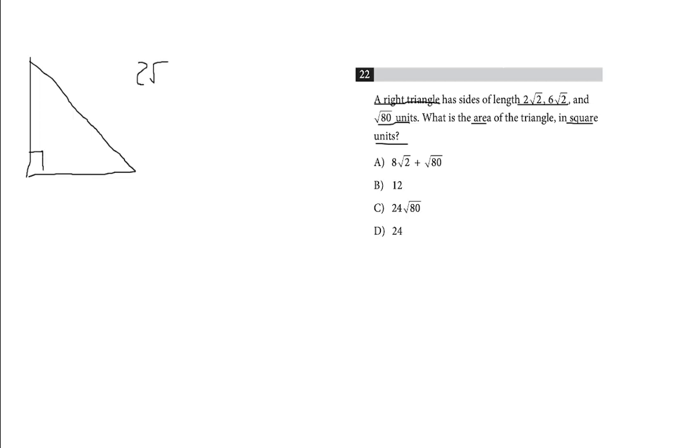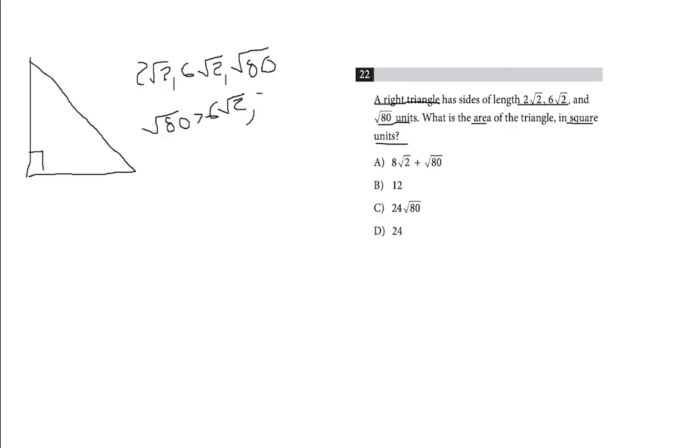So here I'm going to show you guys the main trick of this problem. We have lengths of 2 root 2, 6 root 2, and root 80. The main trick, guys, is that you have to be able to order these numbers from greatest to least. Root 80 is greater than 6 root 2, and 6 root 2 is greater than 2 root 2.